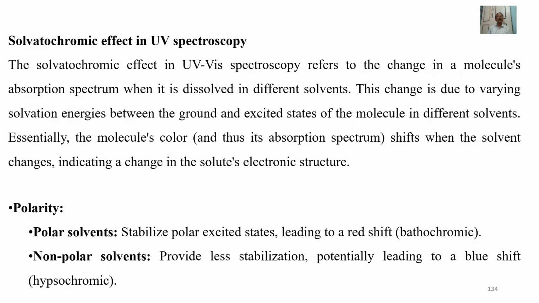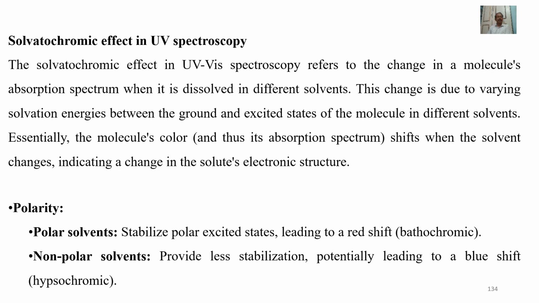Solvatochromic effect in UV spectroscopy. The solvatochromic effect in UV spectroscopy refers to the change in a molecule's absorption spectrum when it is dissolved in different solvents. This change is due to varying solvation energies between the ground and excited states of the molecule in different solvents.